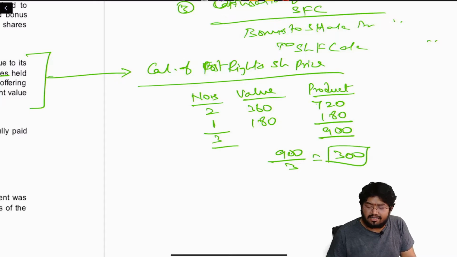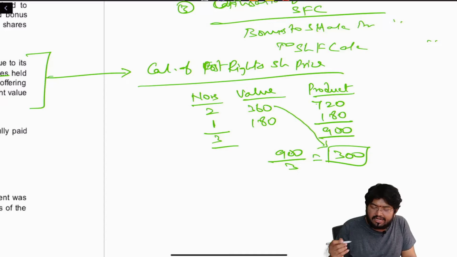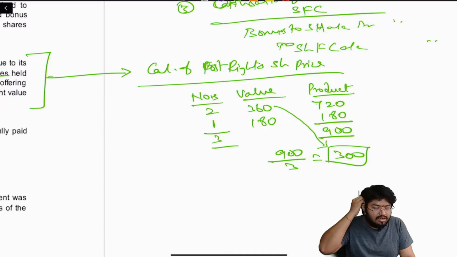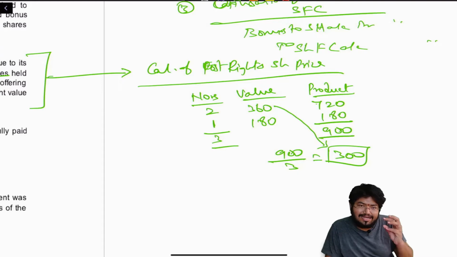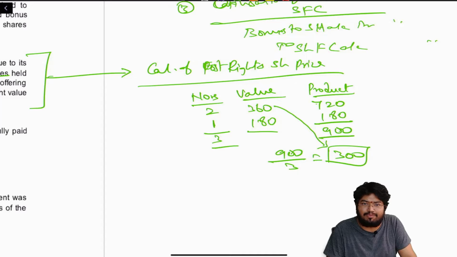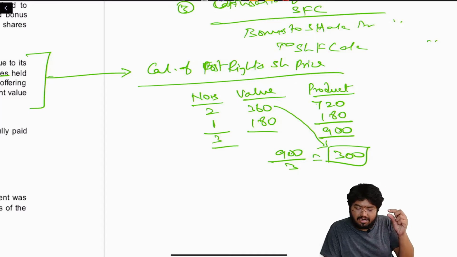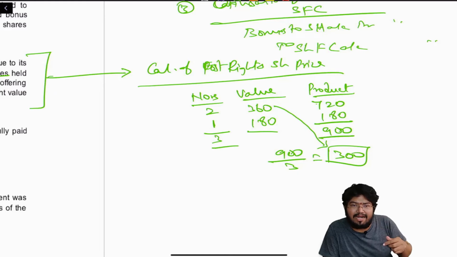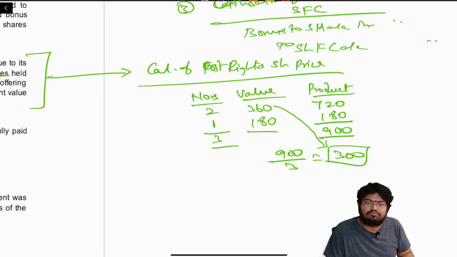What has happened here? The value has fallen down from 360 to 300 rupees. Why did it fall? Because there is a small element of bonus inside rights issue. See, if an existing equity shareholder is asked to purchase for 180 rupees instead of 360 rupees, the remaining difference between 360 and 180, 50% difference, that is being paid out of my pocket only, no?